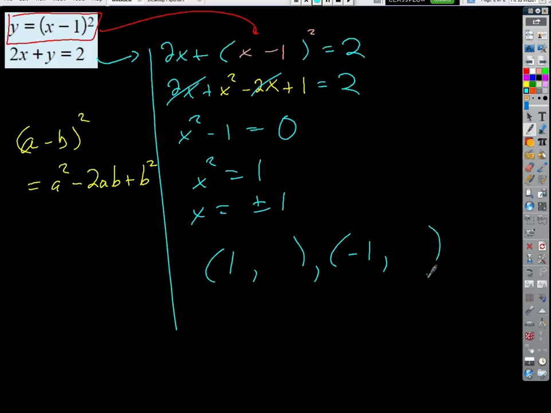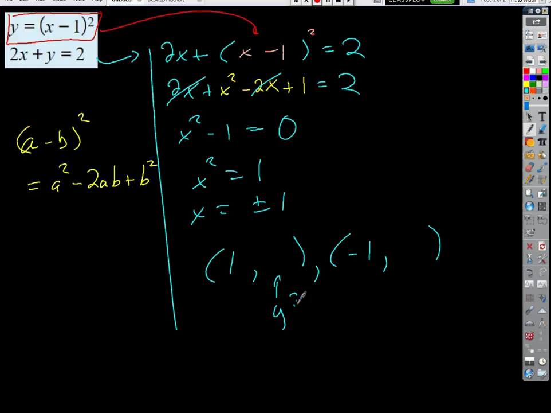So, but I'm gonna plug my 1 in to figure out what y is, right? So if I plug 1 in for x, what's that whole thing gonna equal? All I'm gonna do is see, x is equal to 1, right? And I wanna know what's the y that goes with that. So how do I find out what the y is that goes with that?